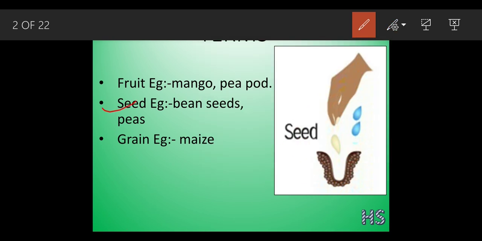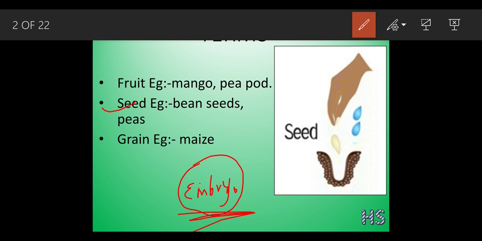Suppose this is a seed. There is a special structure inside it, called the embryo. We have already studied that when the first sperm nucleus fuses with the egg cell, it forms the embryo.